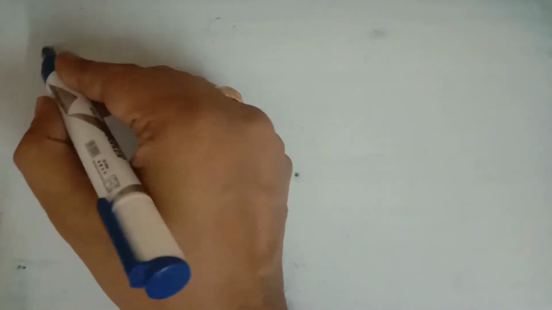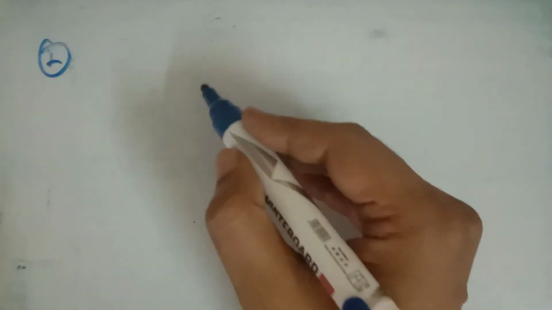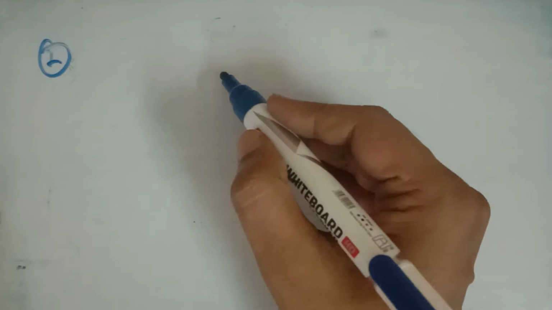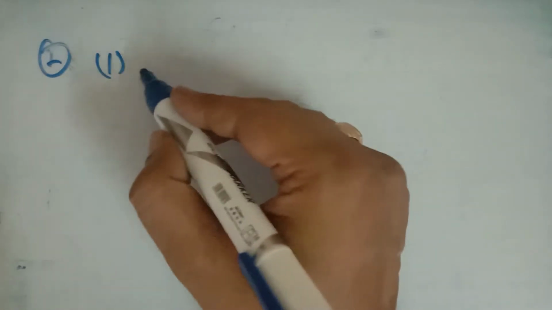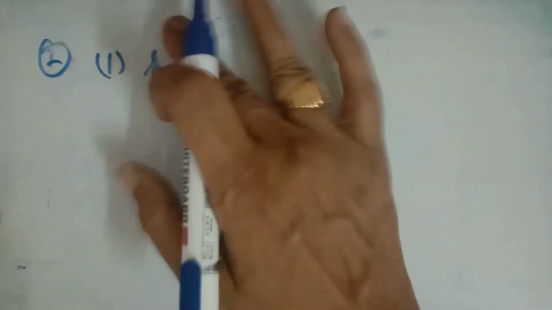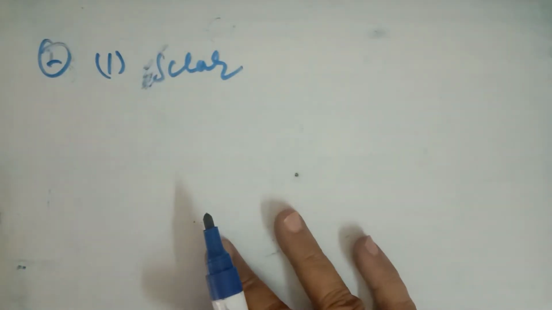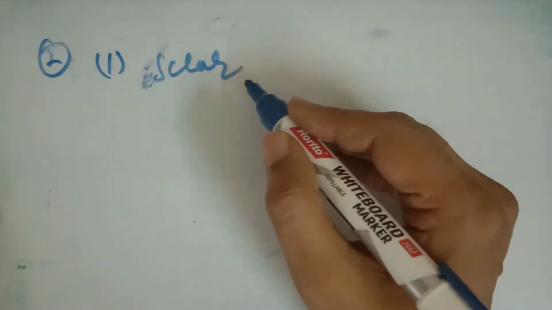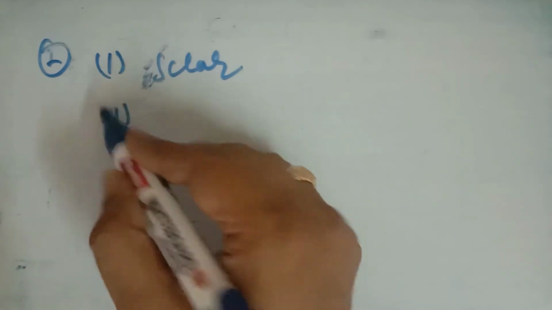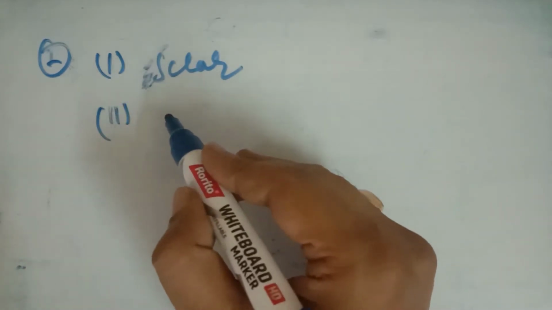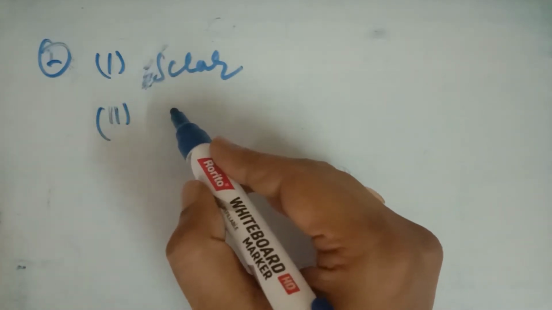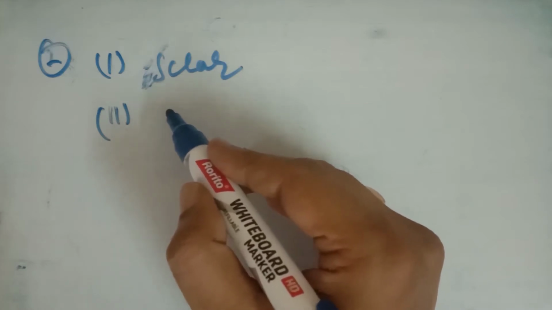Now in question number 2, you have to find whether each is a scalar or vector quantity. The time period, you know, is a scalar quantity. The quantity which has direction as well as magnitude is known as a vector, whereas if it has only magnitude, then it is a scalar, because time period has only magnitude.